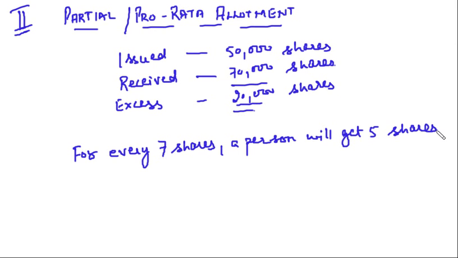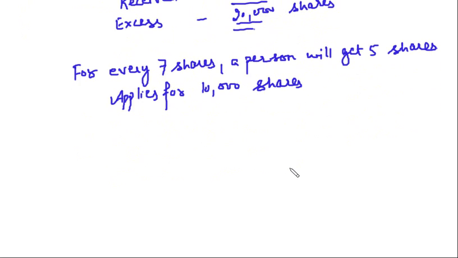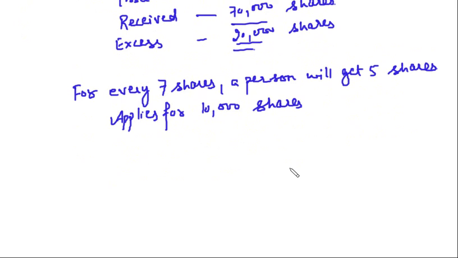If a person applies for, say, 10,000 shares, then how many shares will he get? That is the question. He will not get all the 10,000 shares. He will get partial allotment.